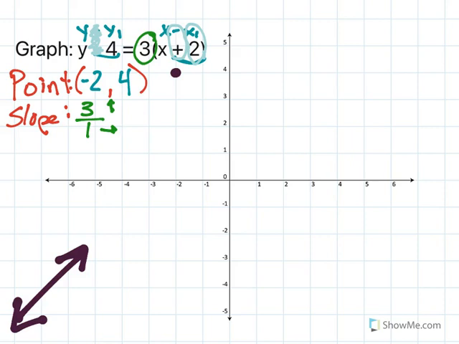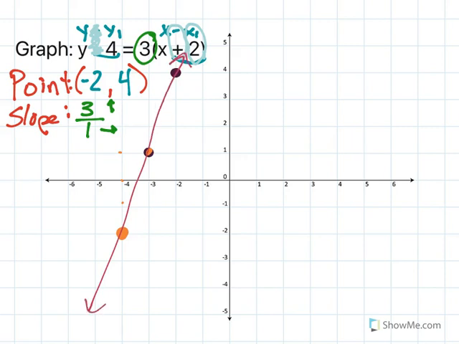So I can go down 1, 2, 3, and over 1. Down 3 and over 1. I say that because at any one of these points, if I would go up 3, over 1, there it goes. So that's how that works. Then I can join those, put arrows at the end, and I have graphed using point-slope.